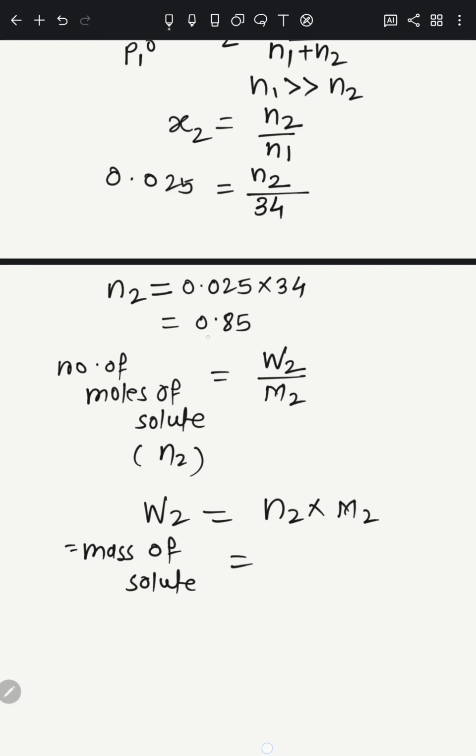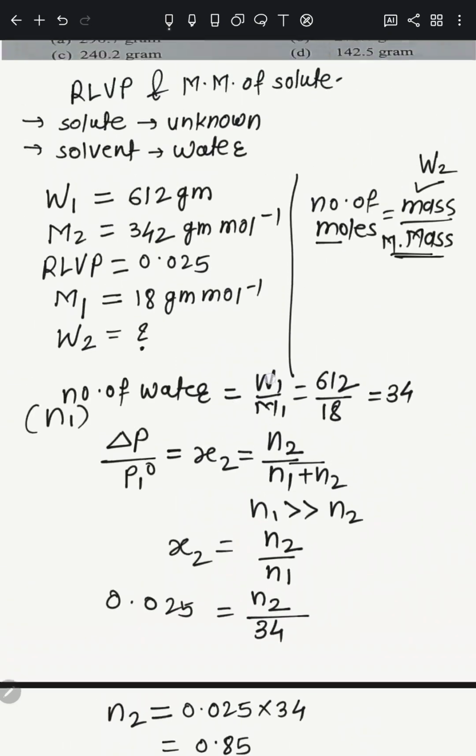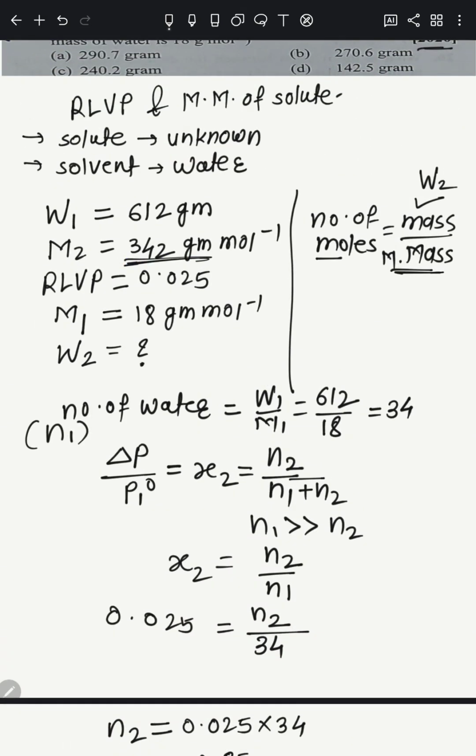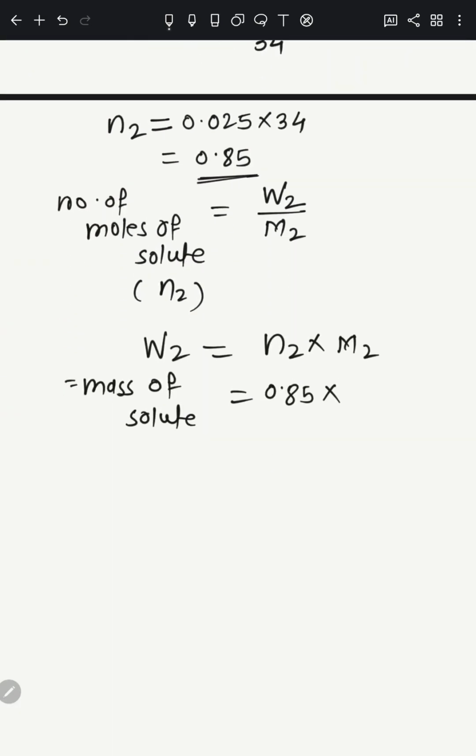N2 ची value किती आहे? That is 0.85. And what is the value of M2 we have taken? M2 is 342. ठीक है, so 0.85 multiplied by 342. In JEE or CET exam calculators are not allowed, so manually you are going to calculate.